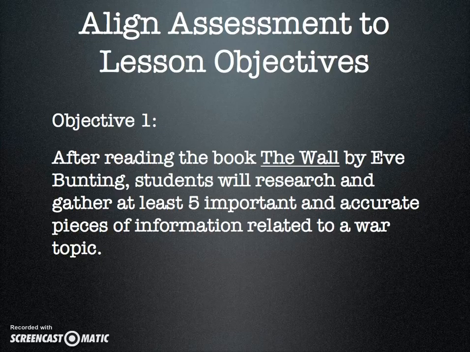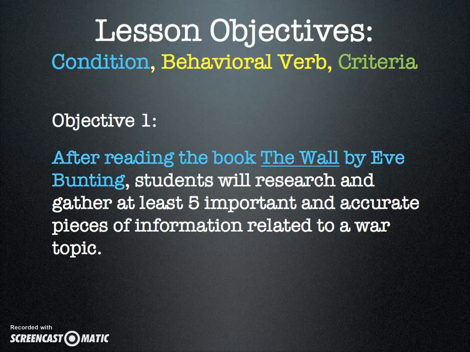The first objective she had is, after reading the book The Wall by Eve Bunting, students will research and gather at least 5 important and accurate pieces of information related to a war topic. Okay, so very, very nicely structured. If we think back to our parts of a lesson plan, after reading the book The Wall by Eve Bunting, that's the condition.